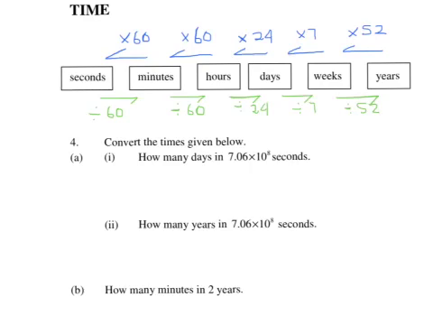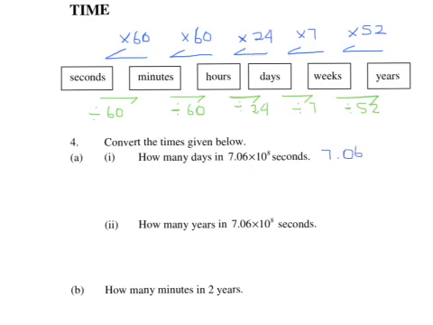Now in this next question, first question here, we're asked to find how many days there are in 7.06 by 10 to the 8 seconds. 7.06 by 10 to the 8 is a number in scientific notation.